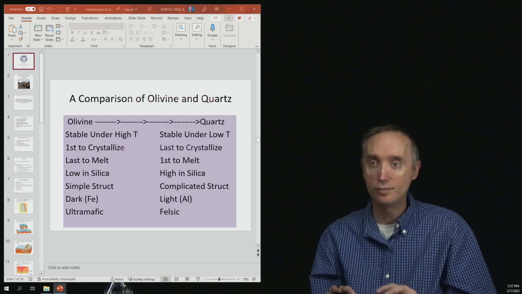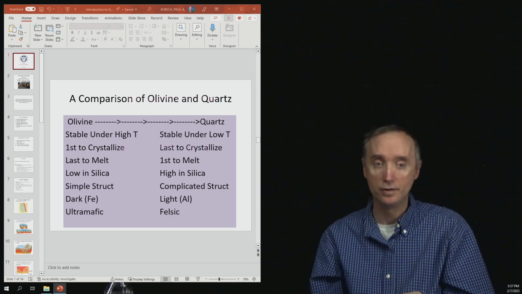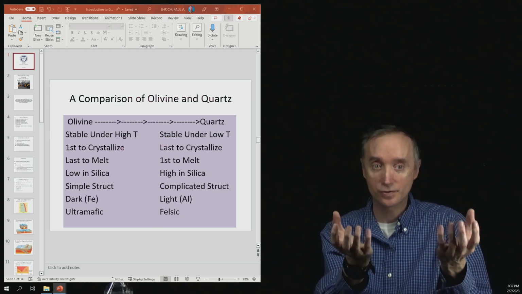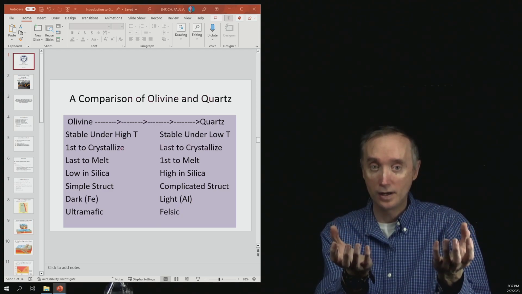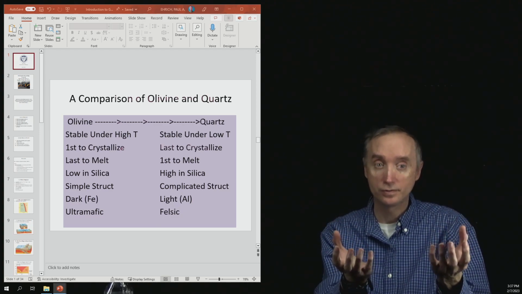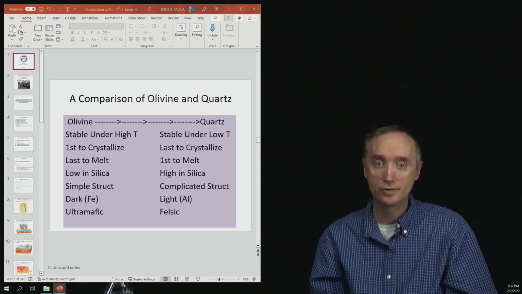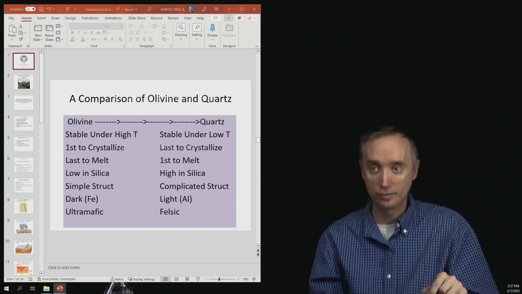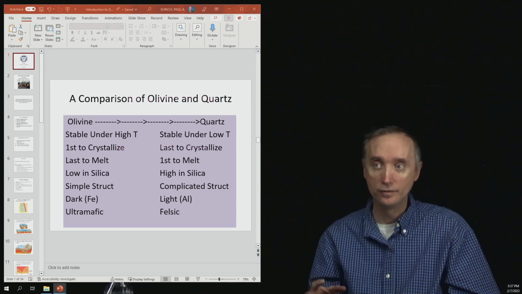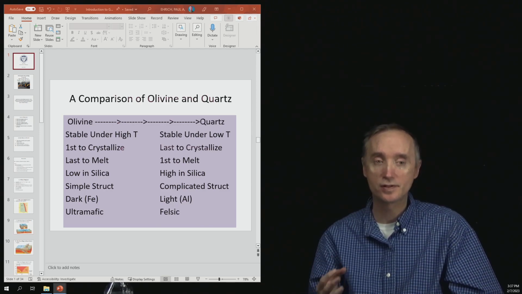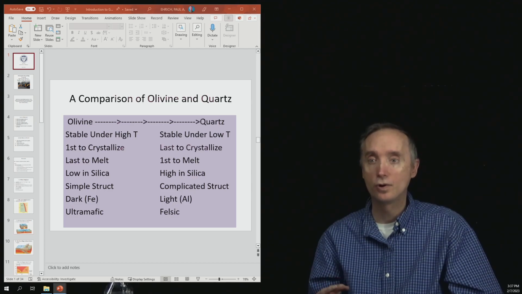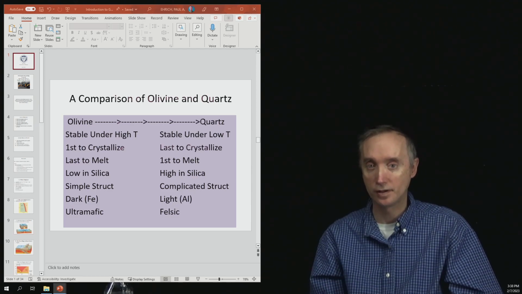Now, both quartz and olivine are made of silica tetrahedrons, but the percentage of silica tetrahedrons is different in the different minerals. So olivine has the least amount of silica in it, and quartz has the most amount of silica.